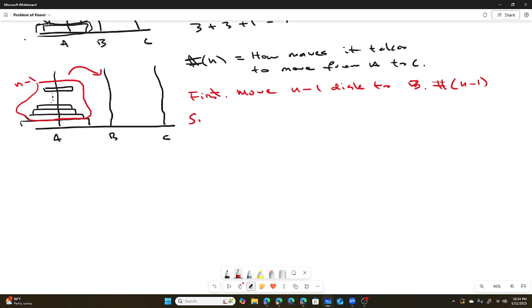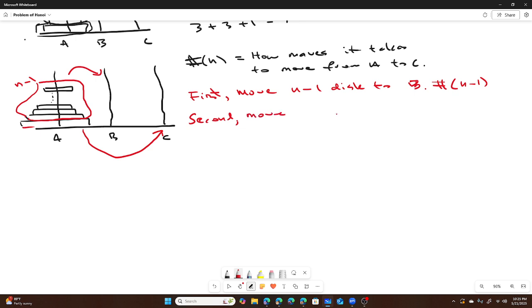Second, how many moves does it take to move the bottom disk to, let's say, C? Well, once we move the n minus 1 disks from pin A to pin B, we are open to lift the bottom disk from A to the pin C in one move.